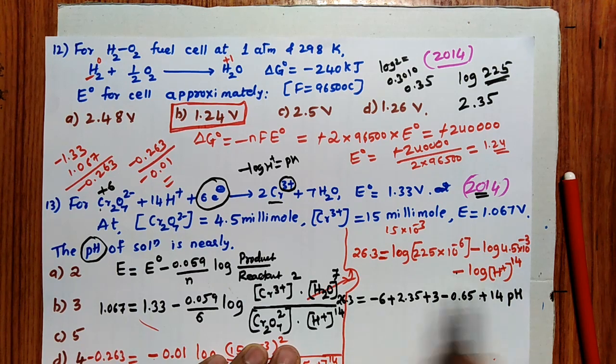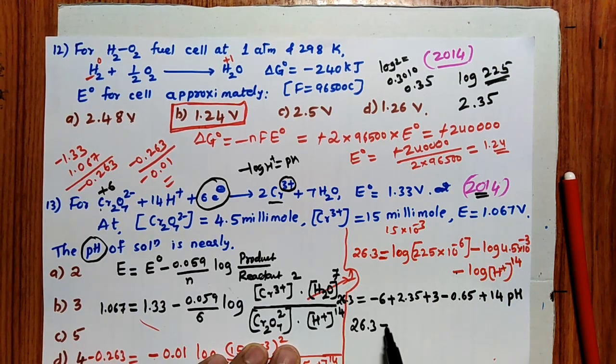Correct? Now you substitute this. 26.3 is equal to minus 6 plus 3 plus 2.35 minus 0.65.